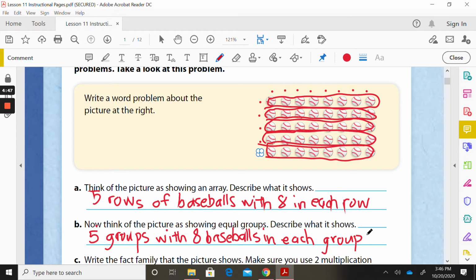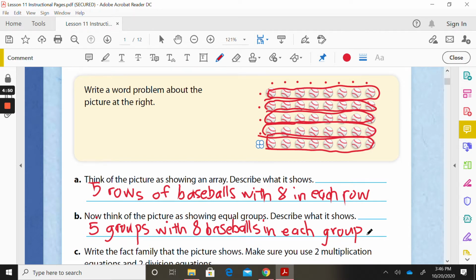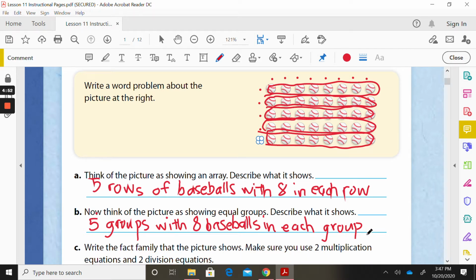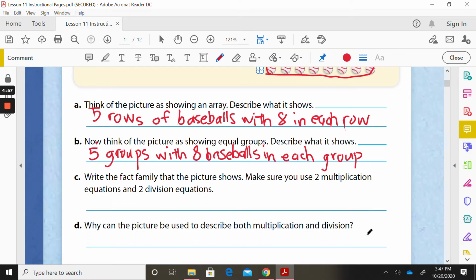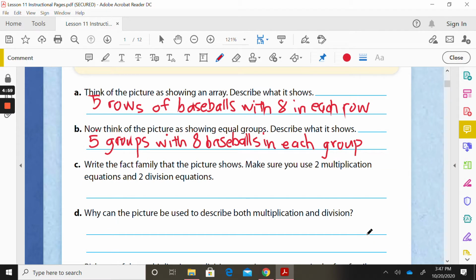Now, C. Let's continue with C. Write the fact family that the picture shows. Well, since we have counted the rows and columns, we have the two numbers that we're going to use to make our fact family. And we talked about fact families a few weeks ago, so this should be a review for us. So if I have 5 rows times 8 columns, that will give me 40 baseballs in all.